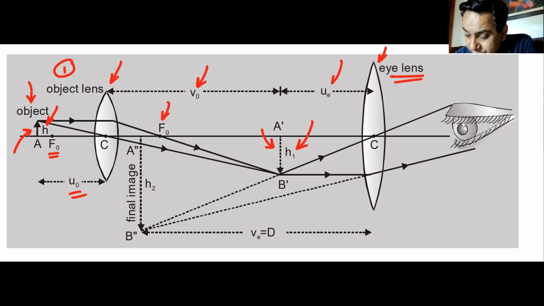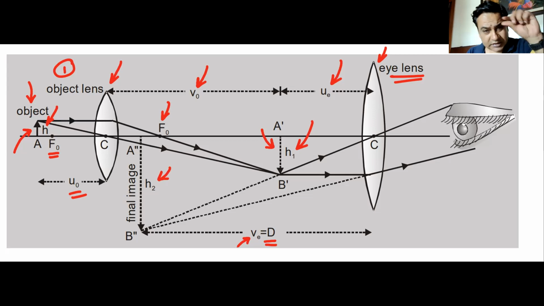So this is UE, the distance of the new object from the eyepiece, and this is VE, the distance of the final image from the eyepiece, and it is formed at the least distance of distinct vision. H2 is the final height of the image.